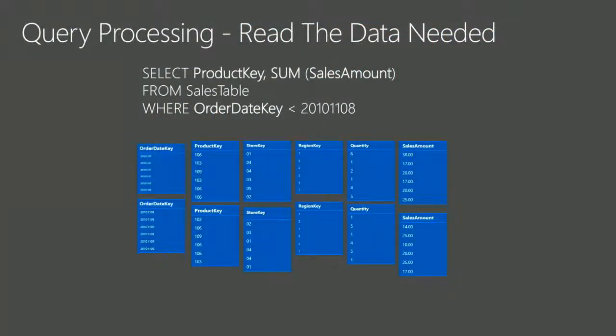Let's say I have a column store table and I'm running a query, select product key, sum, where order date key is whatever. The first thing you should notice is that I'm only fetching 3 columns, product key, sales, and the order key, right? That means I do not have to get the other columns. Make sense?